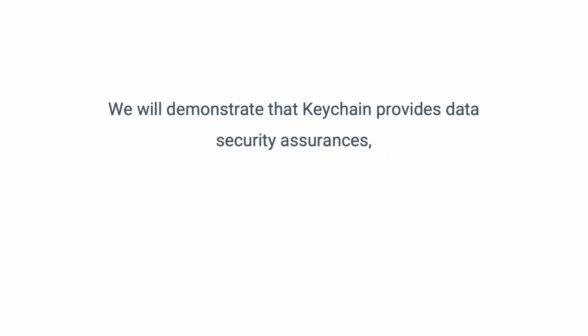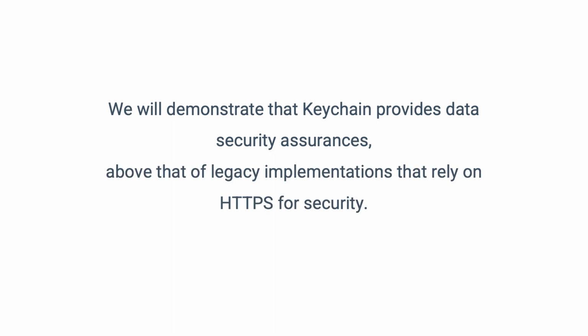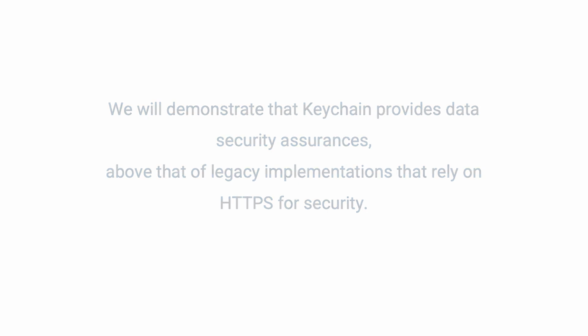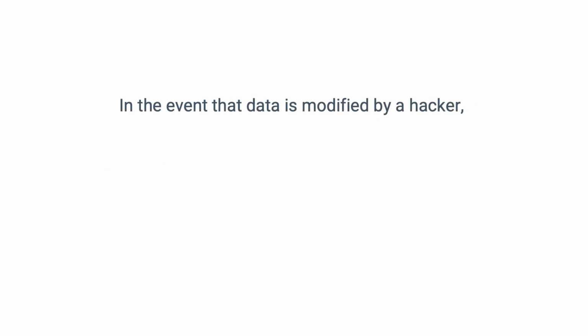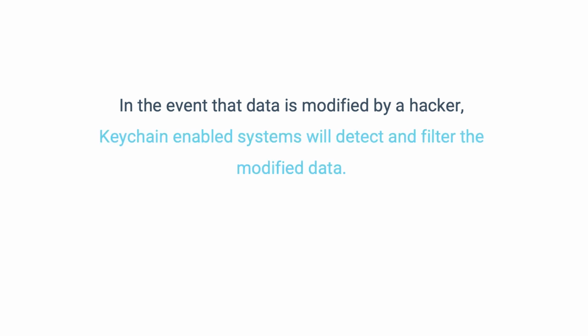We will demonstrate that Keychain provides data security assurances above that provided by legacy implementations that rely on HTTPS for security. In the event that a hypothetical hacker modifies the data, Keychain-enabled systems will detect and filter the modified data, whereas other systems would not.